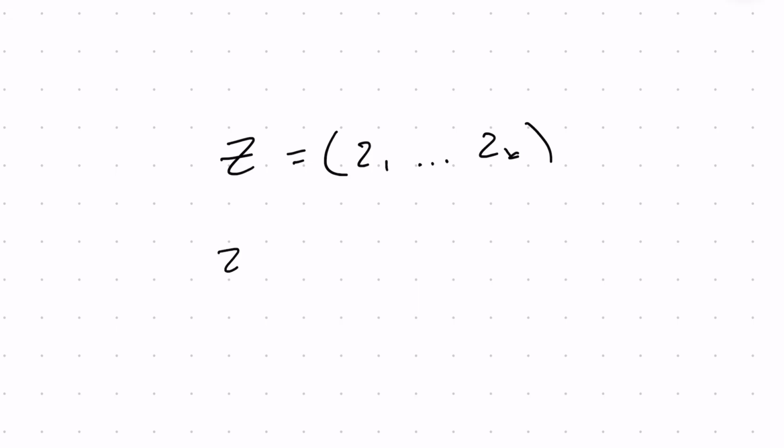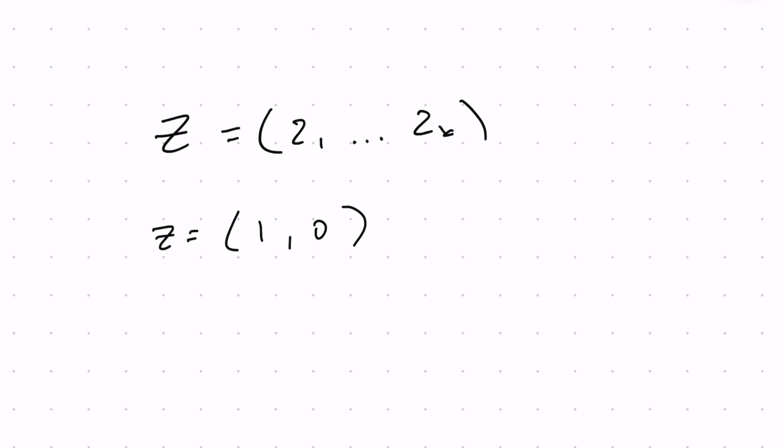So z, for example, equals 1, 0, 0, and this is for 3 classes. We'll do 2 classes like we had before. So this tells you that this data point belongs to class 1. And then maybe this z tells you that this second data point belongs to class 2.